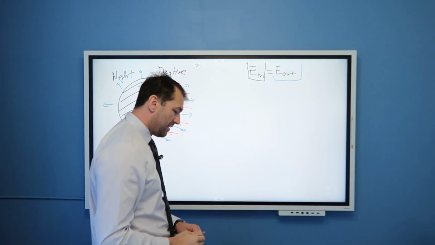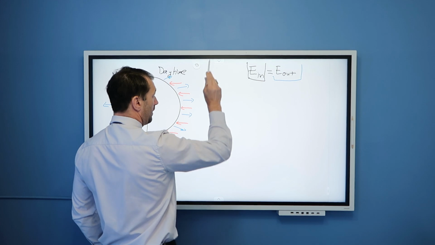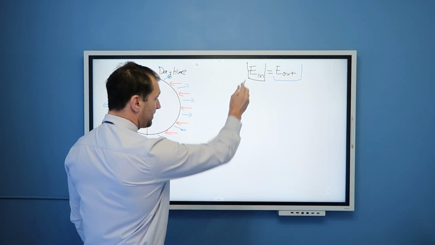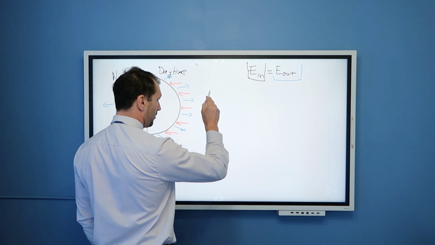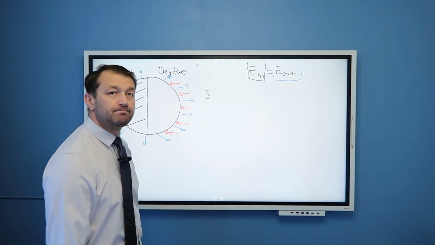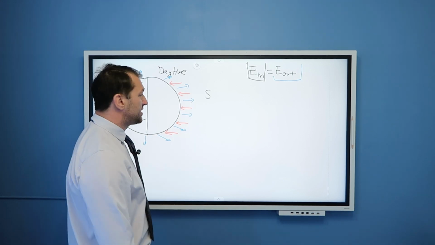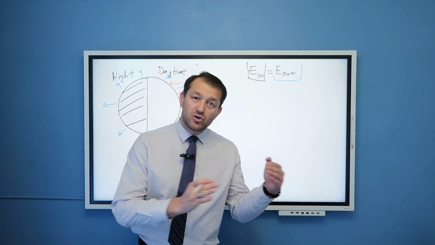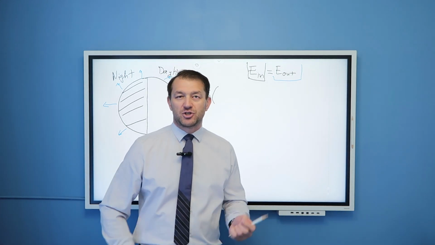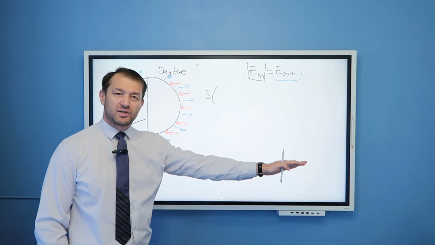And now when we know this, we can further expand this formula in the following way. Namely, what is energy in? Well, we just said it is this solar constant S, the amount of energy that our planet receives from the sun, but we have to reduce it for the amount of energy that our planet reflects back into the space.